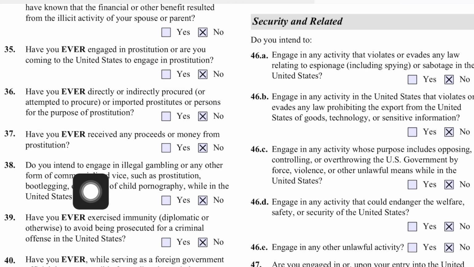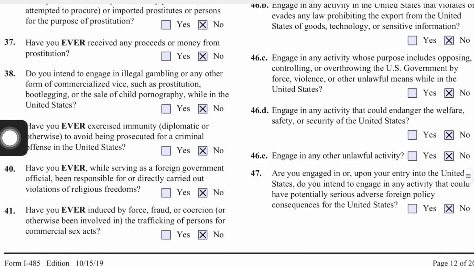No. Do you intend to engage in illegal gambling or any other form of commercialized vice such as prostitution, bootlegging, or the sale of child pornography while in the United States? No. Have you ever exercised immunity, diplomatic or otherwise, to avoid being prosecuted for a criminal offense in the United States? No.